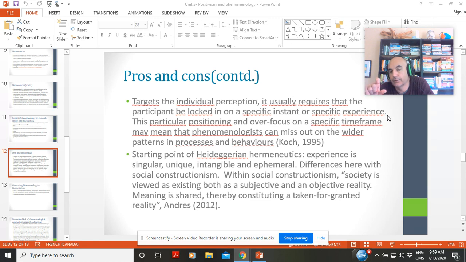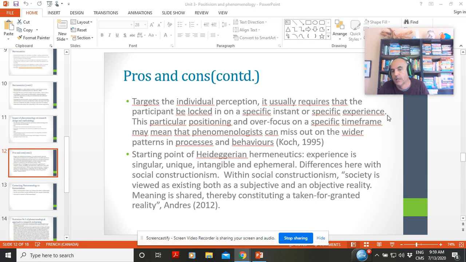And this creates a difference here with what we call social constructionism. So you're starting to really break down, but within hermeneutics, you would then have social constructionism, which argues that yes, experience is constructed subjectively, but for them, it's more interesting if you look at a community rather than an individual. So it's sort of a compromise, right?